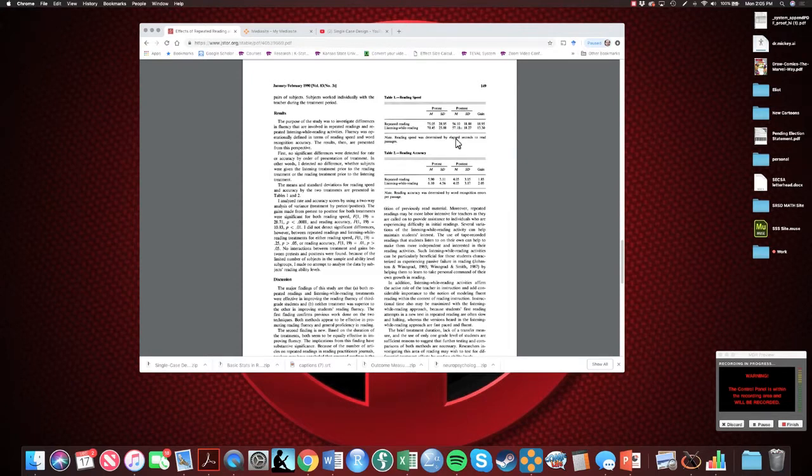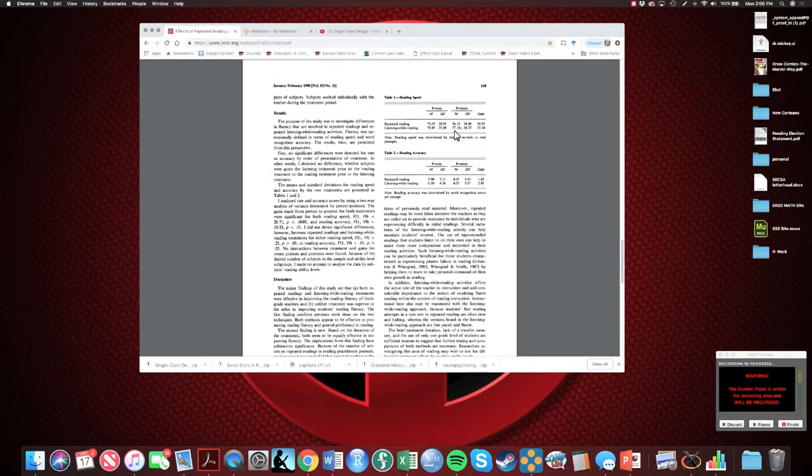This is on reading speed, which was the elapsed seconds to read passages. Then we have reading accuracy down here, and on the post-test we look exactly the same. The difference being that on the pre-test, the repeated reading scores were 75.05, and listening while reading was 57.15.